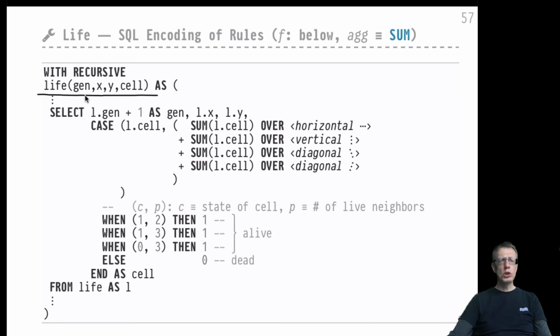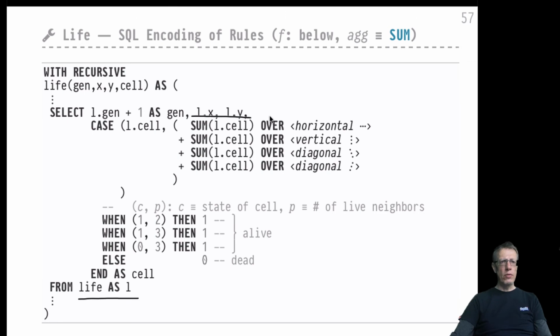In the first column, we would just write the protocol of the generation that we are currently considering. Probably we would start with generation 0, and with each iteration of the recursive query, the loop query that I've reproduced here, generation would be increased by 1, as you can see here. X and Y, of course, encode the location of the cell, and in the query, if we are looking at the current state of the automaton, and look at one particular cell L inside the grid, you see that the location of L will not change.